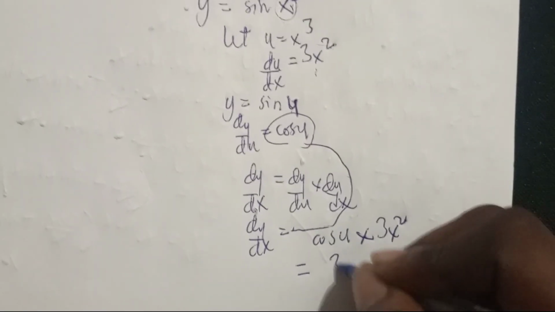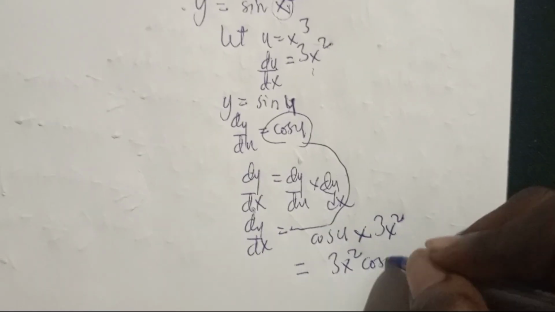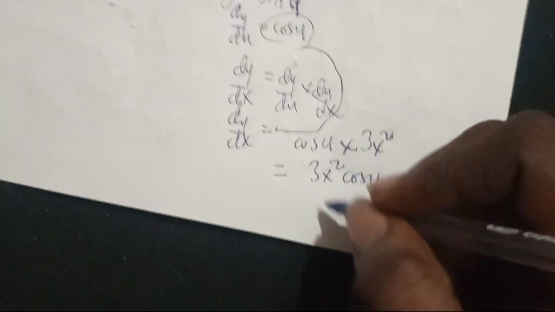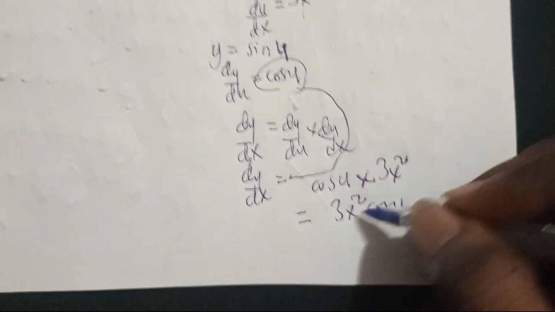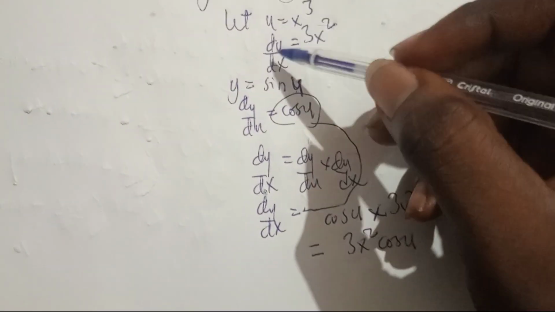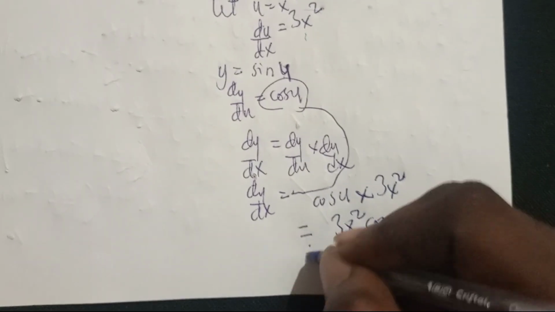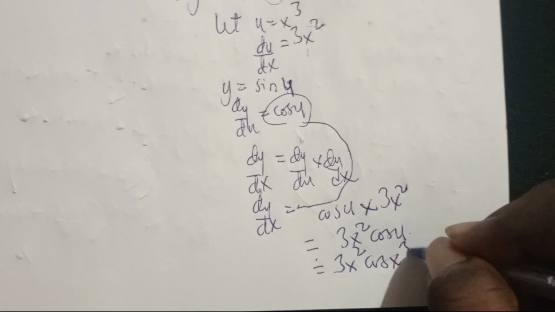So that's going to give us 3x squared cos u. So what was our u? Our u was given to be x cubed. So our final answer is going to be 3x squared cos x cubed.